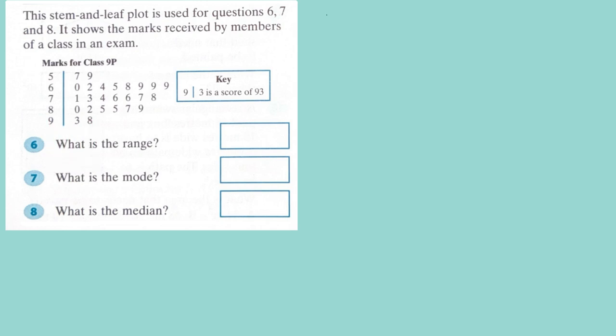So therefore range is 98, take away 57, and we get 41. That means that the marks received were between 57 and 98, a difference of 41 marks from the top student to the lowest student.